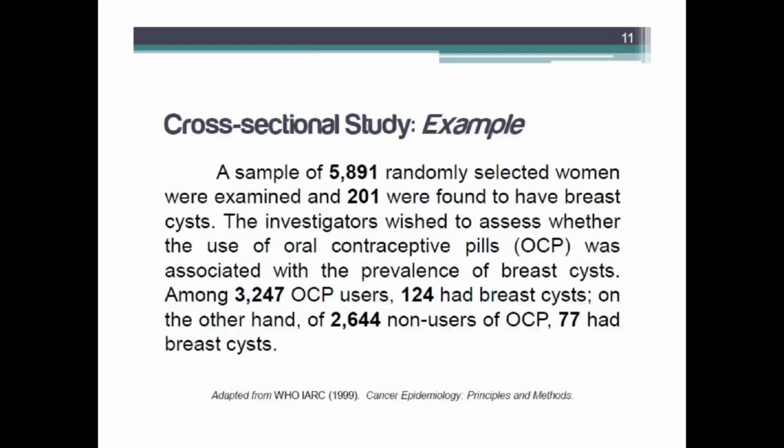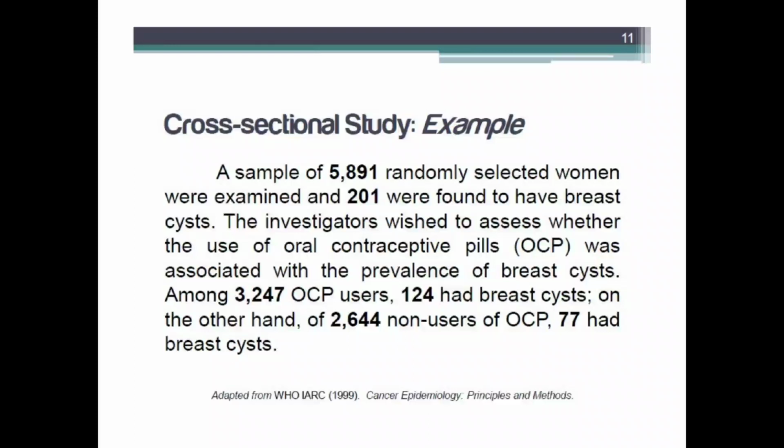Okay, now, this is the first example. Again, prepare your one whole sheet of paper. You can compute it on your own, or pwede nyo ring sundan yung gagawin ko. Okay? So, first, cross-sectional study example 1. A sample of 5,891 randomly selected women were examined, and 201 were found to have breast cysts.